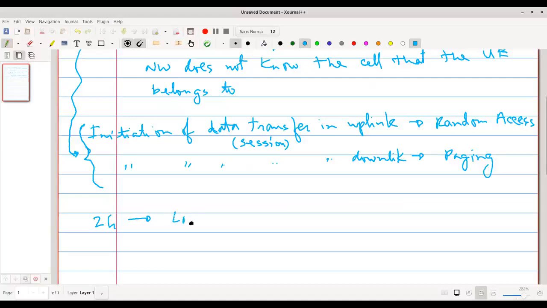So say location area is a composition of a number of cells. It is already written over there, so we can go back to our slide.